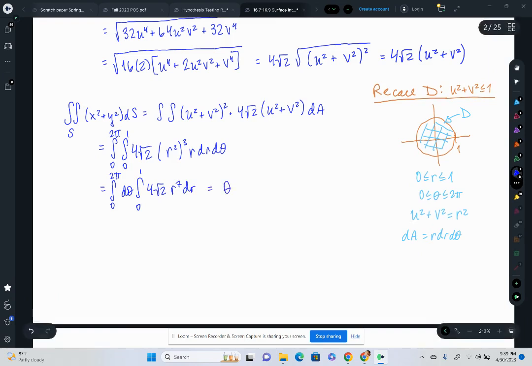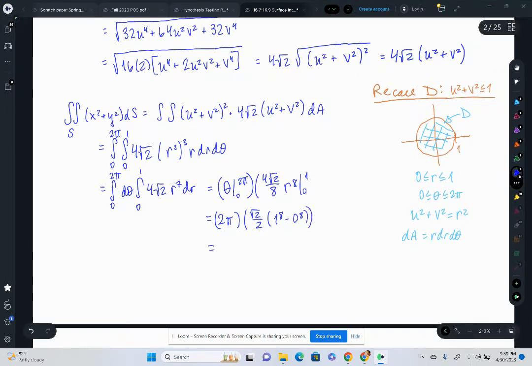So this gives me theta from 0 to 2 pi from the first one times 4 square root of 2 over 8 r to the 8th from 0 to 1. I get 2 pi from the first one, and the second one simplifies to be root 2 over 2 times 1 to the 8th minus 0 to the 8th, which is just 1.